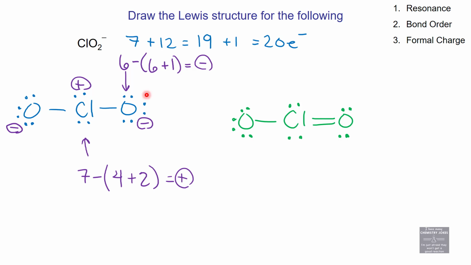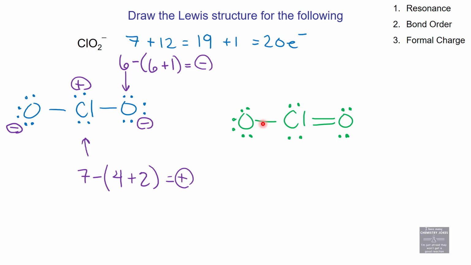All I did here was take an electron pair off of oxygen and share it between oxygen and chlorine to expand chlorine's octet. Chlorine had 8 electrons here; 2, 4, 6, 8, 10 electrons around chlorine here. 2, 4, 6, 8 around oxygen.